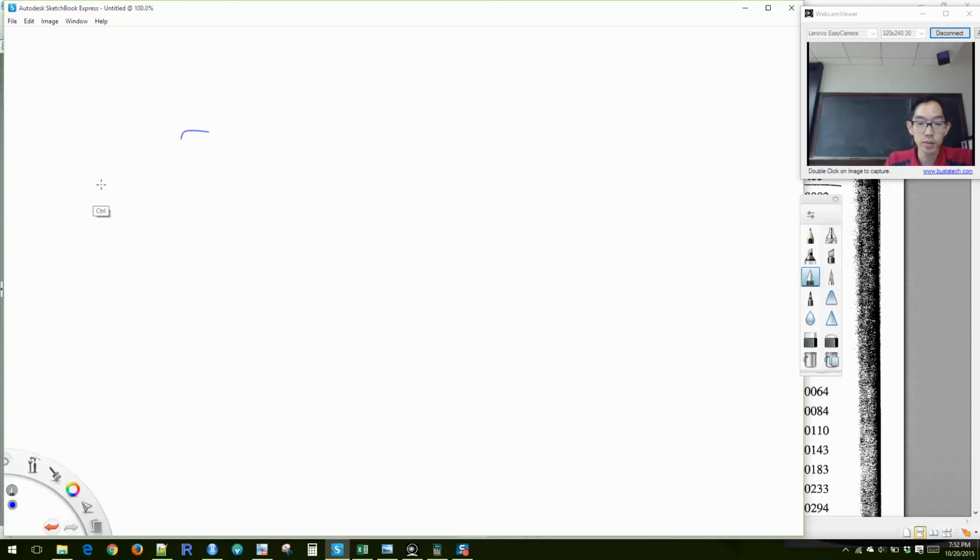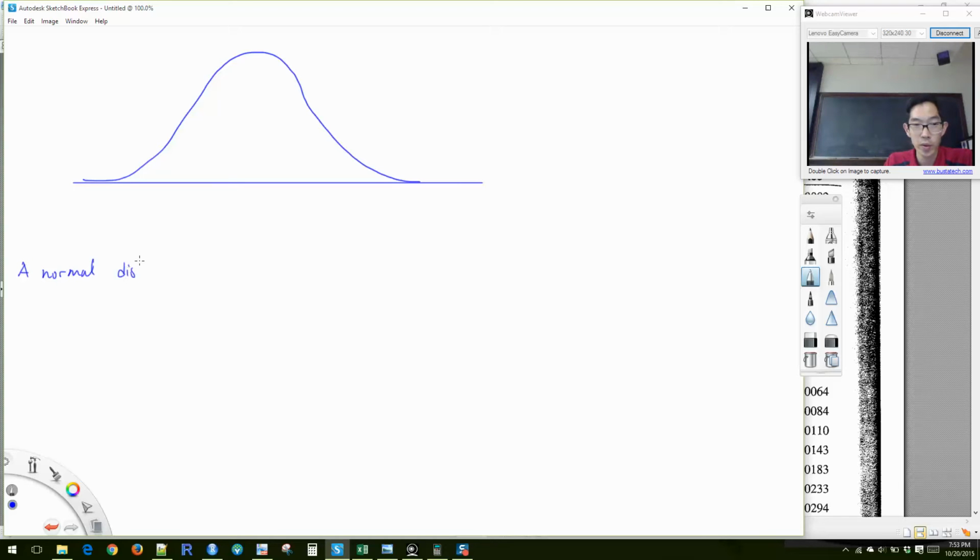Okay, so here, let me just draw another normal curve. It can be located anywhere on the number line. And it can have technically any width or any spread. Okay.